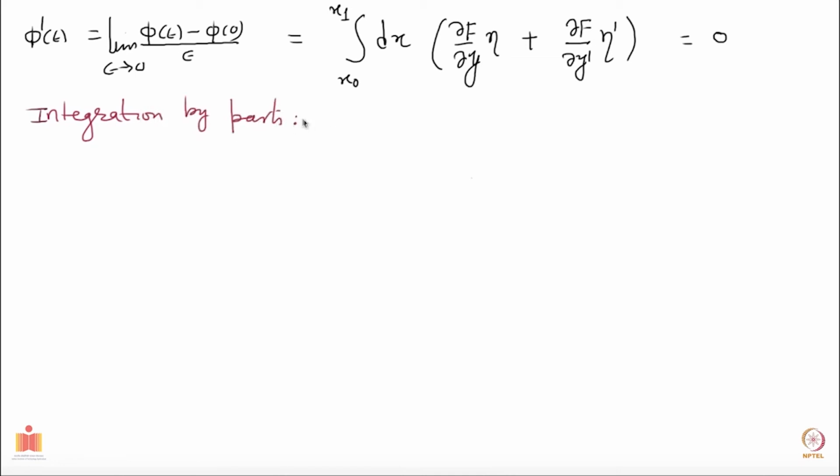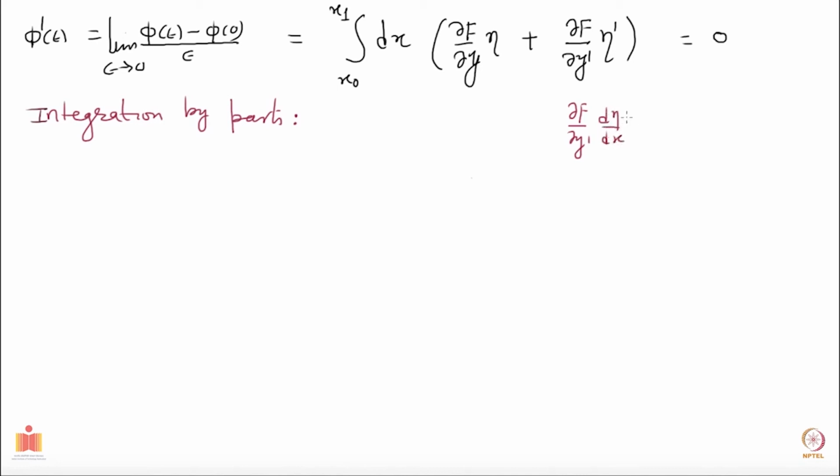Let me say in words what it's going to do for us. You see, what is this? It is df over dy prime, some function. Then you have an eta prime. Eta prime is d eta over dx. Now what I can do by using this trick, integration by parts, is write this thing as del f over del y prime times d eta over dx.